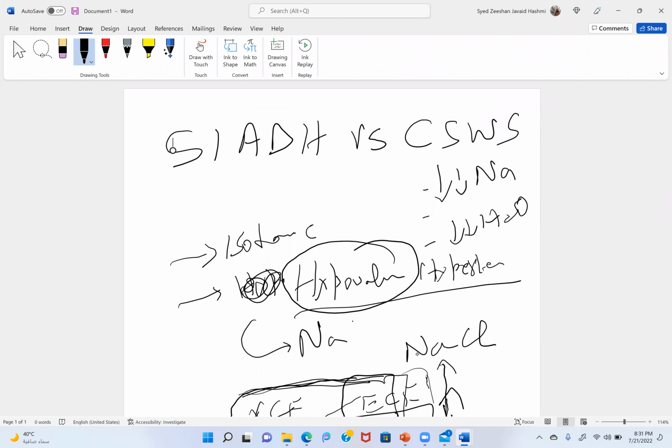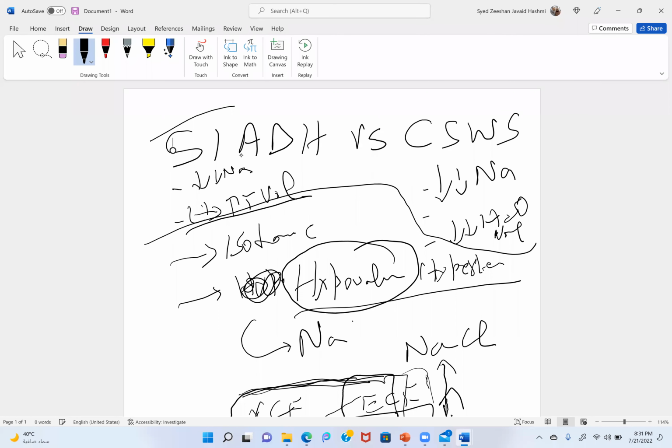In cerebral salt wasting syndrome, there is decreased sodium and decreased water, or you can say volume. In SIADH, there is decreased sodium, but either euvolemia or increased volume. This is how you will differentiate.